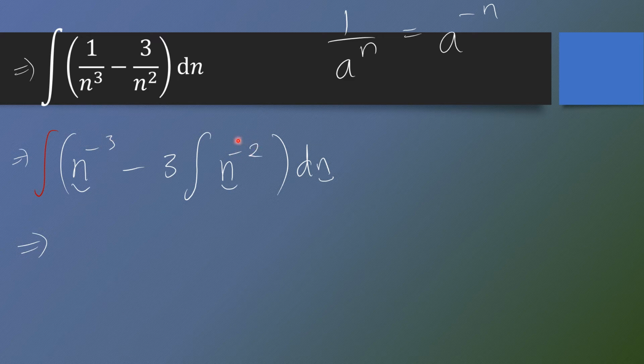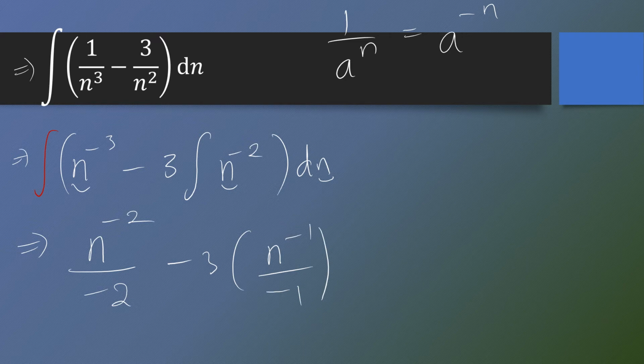Because negative 3 plus 1 gives negative 2, we write it in the denominator, so we have negative 1 half n to the power of negative 2. And then negative 3, because negative 2 plus 1 is negative 1, divided by negative 1, we have negative 1, and just simplify your expression.